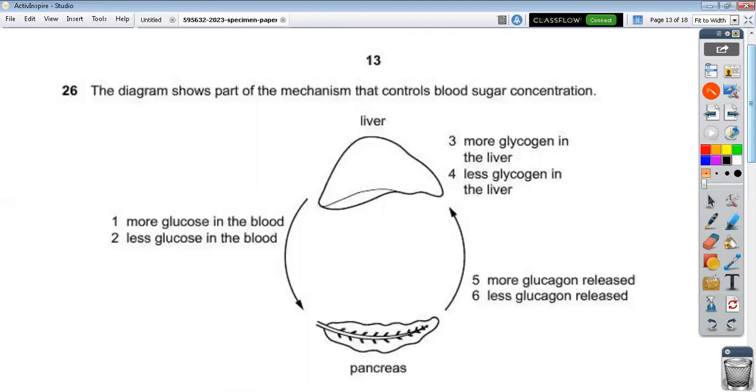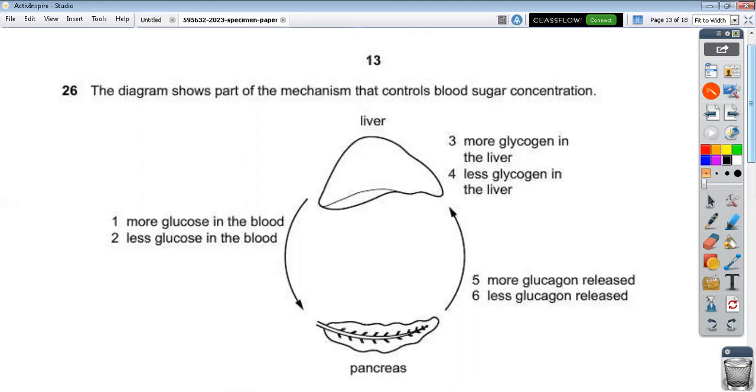Because if I'm doing exercise, I'm not eating. Where do I get the glucose from? I get the glucose from the glycogen that is stored in the liver. And what hormone is involved? Glucagon, because it's the one that converts glycogen to glucose.